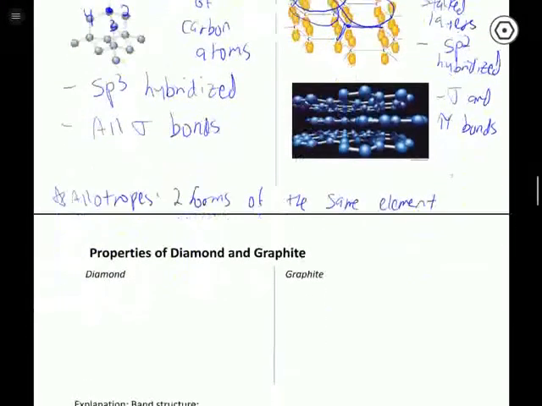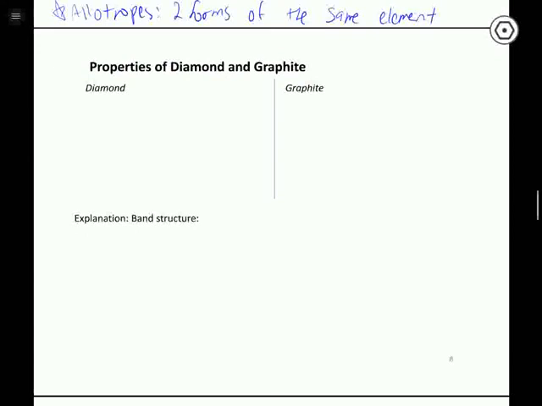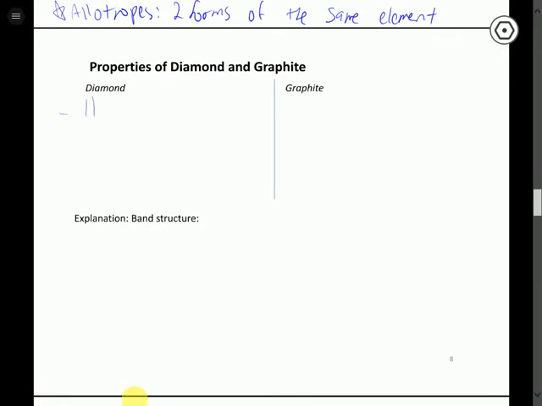But what is important is talking about the different properties of them, which I've sort of hinted at already as I described the structure. So we want to understand how the bonding relates to the properties. All right, so diamond, as we know, is very hard. It's one of the hardest materials known in the world. It's colorless, and it's an electrical insulator, so it doesn't conduct electricity at all.